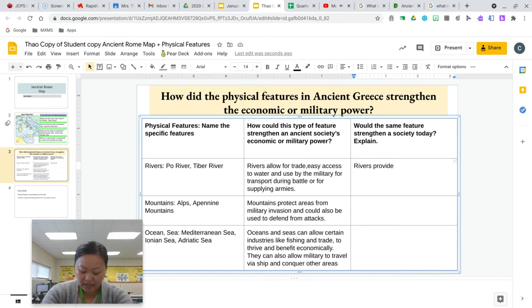So rivers provide economic strength for fishing, right? Fishing, trading, because they still trade and mobilize in some of these big rivers, and protection.